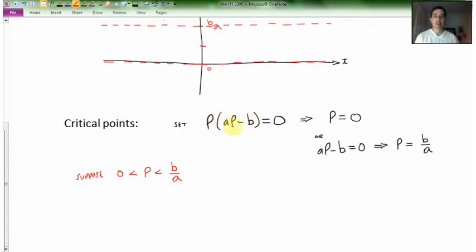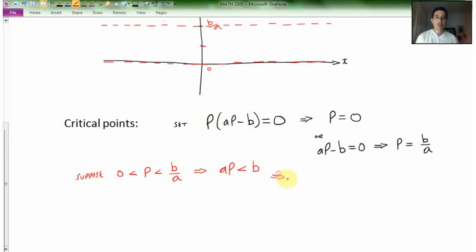If we multiply both sides by A, which is positive, the inequality sign doesn't change. So that means AP is less than B. If AP is less than B, then when you subtract, this expression becomes negative. This is negative and this is positive, so the whole thing here is negative.